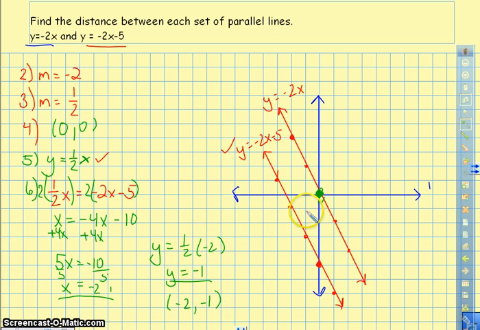So I'm going to graph this point, negative 2, negative 1. Go over negative 2 and down 1. And it's on the line. Perfect. I'm going to connect these two dots here. It looks perpendicular, so I know I'm on the right track. Last step is distance formula. So I am using negative 2, negative 1, and then my original point over here, which was 0, 0, to find my distance.